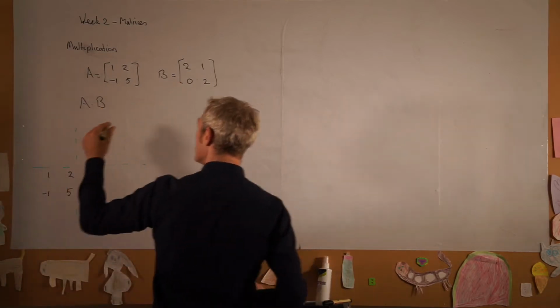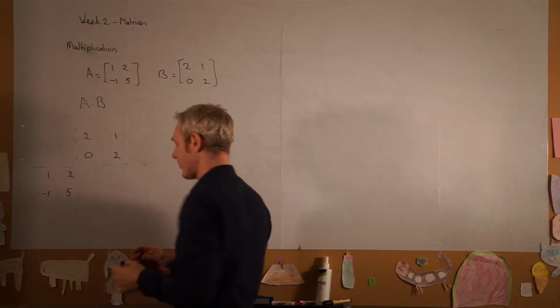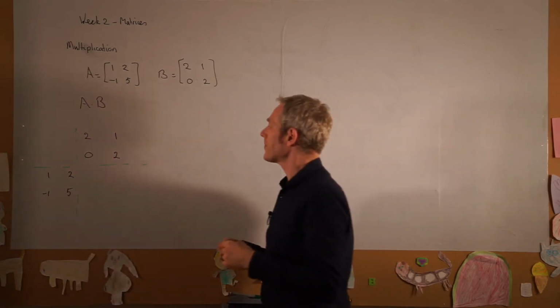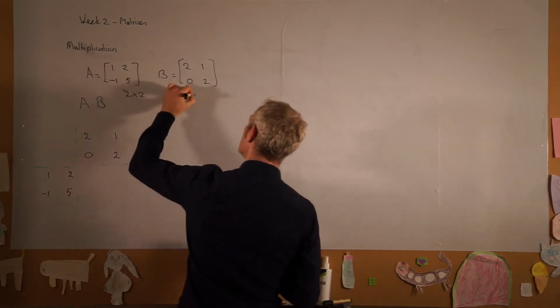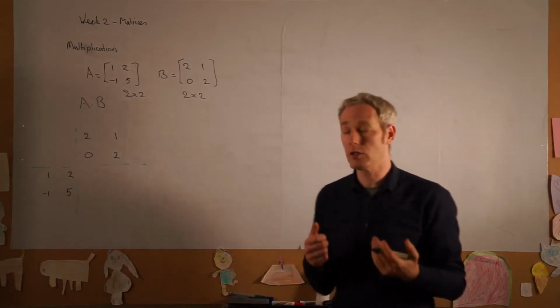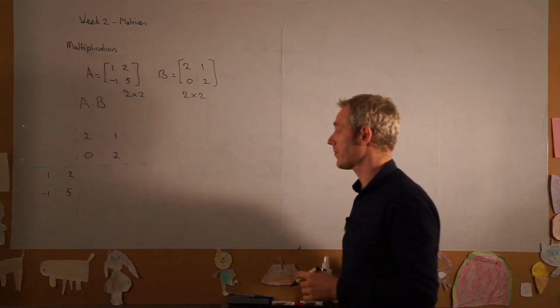And I take B is 2, 1, 0, 2. Now, A and B are both 2 by 2 matrices, and this is important because in a minute we'll show you that it isn't possible to multiply all matrices with each other.